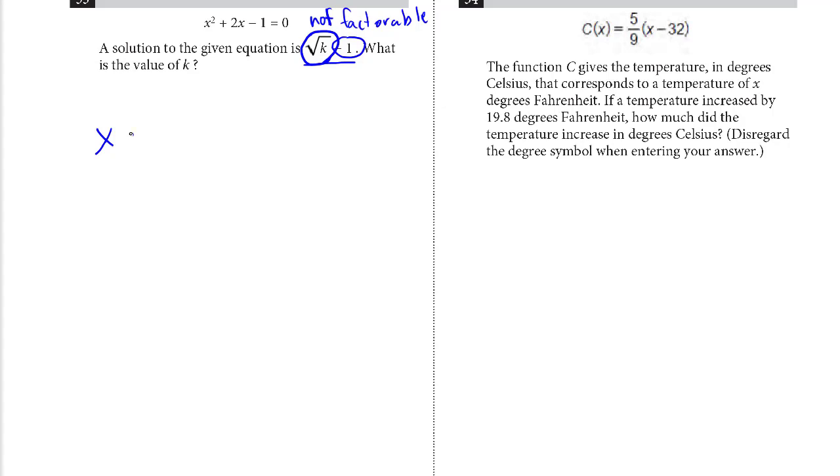But let's double check. So x equals the opposite of b over 2a, and I'll write them as separate terms. The square root of my discriminant, b squared minus 4ac over 2a, and minus b over 2a is going to be minus 2 over 2 times 1, the leading coefficient, which is not written, but it's still 1, even though not shown.